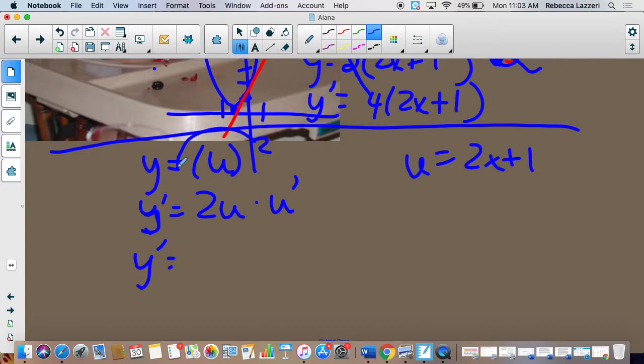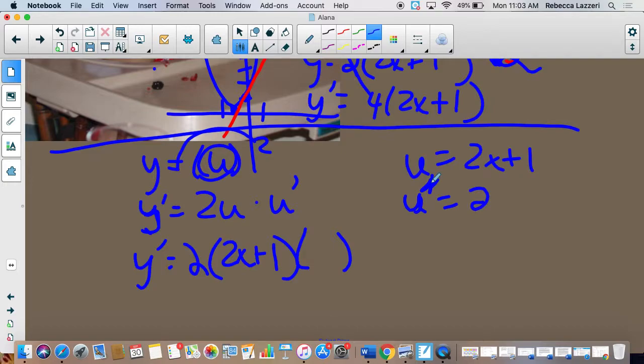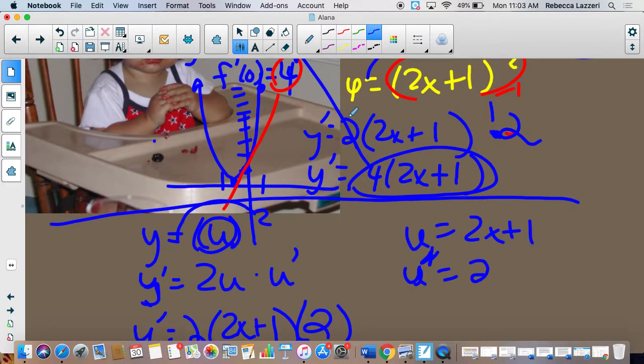I went 2 blah to the first, then I went back in for the derivative of blah, or the derivative of u, whatever's in there, okay? Now that was 2u, which is 2x plus 1, and what was u prime? Isn't it 2? And isn't that what I got up here? In fact, you can see it's exactly what I got right here.